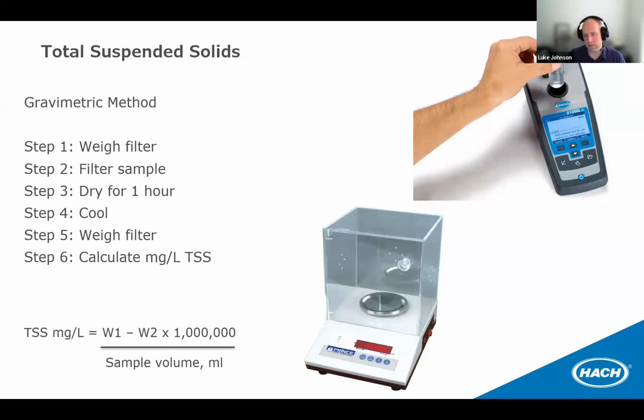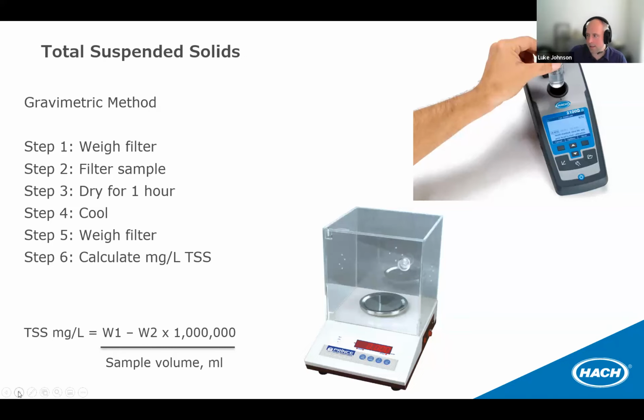So if you have a highly variable stream where you're not getting the same types of particulates all the time, it's probably worthwhile to perform multiple calibrations or correlations with your turbidity and with the TSS measurement. But if you have a very consistent stream, like you're always measuring at the effluent of your wastewater plant, and it's going through the same process all the time, then your coefficient should be pretty much the same all the time.